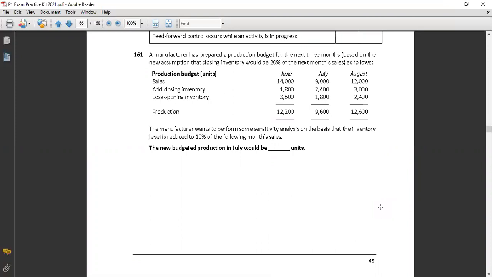Sales, add closing inventory, less opening inventory, and production. The manufacturer wants to perform some sensitivity analysis on the basis that the inventory level is reduced to 10% of the following month's sales. The new budgeted production in July would be dash units.